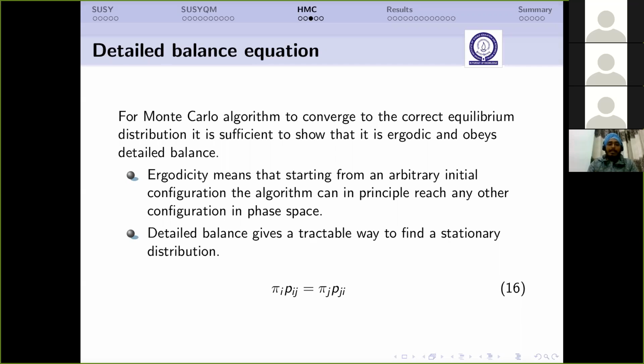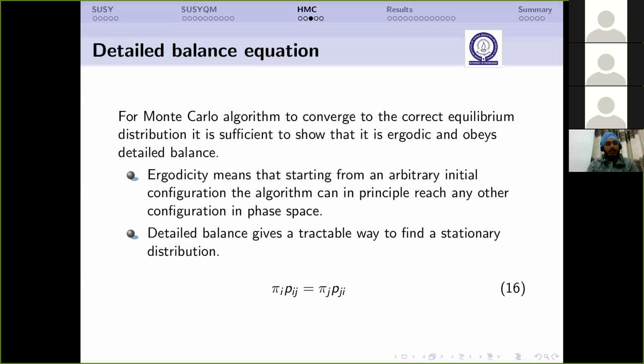And detailed balance is required because we need a stationary distribution, so that we actually get the thermalized value. Thermalization in Monte Carlo is always important. So to get thermalized results, we need detailed balance in the Monte Carlo technique.